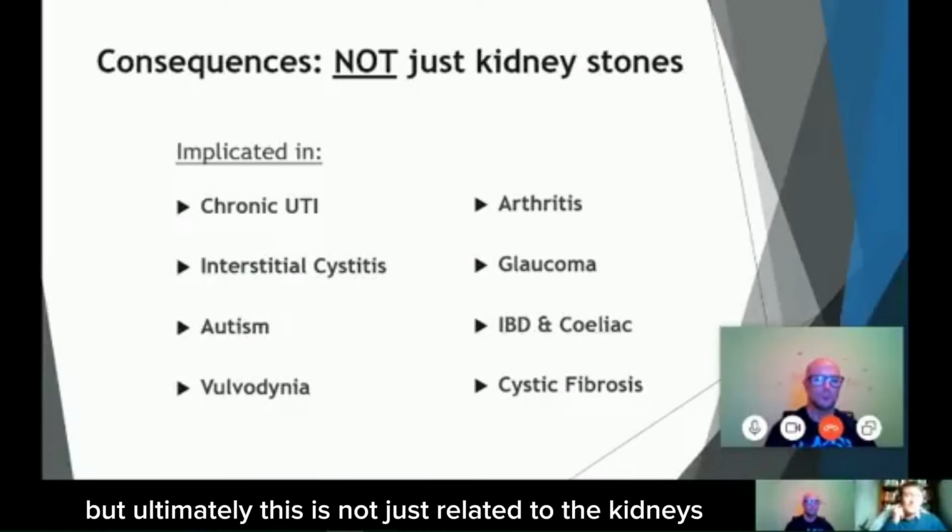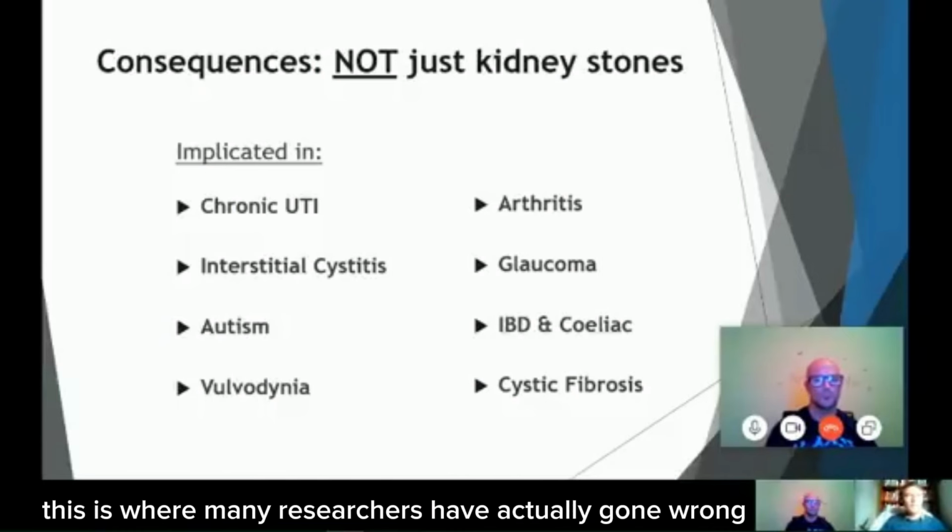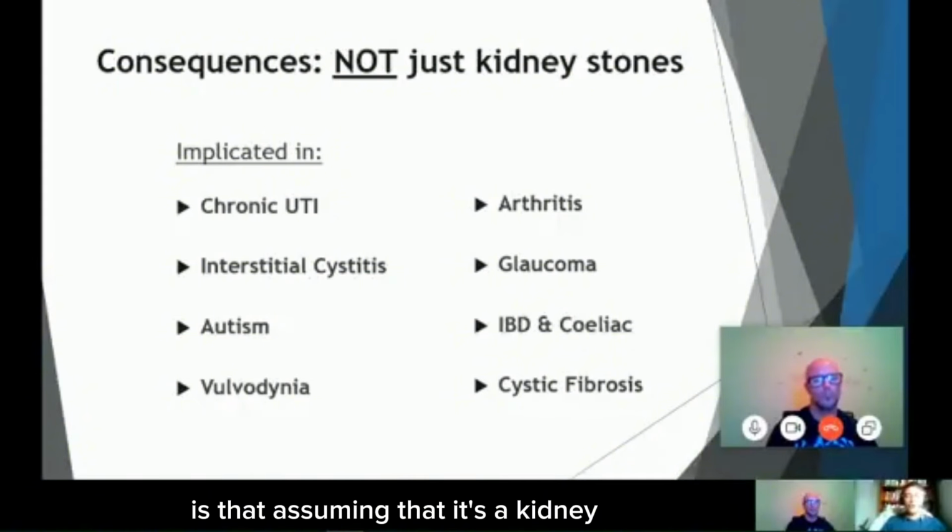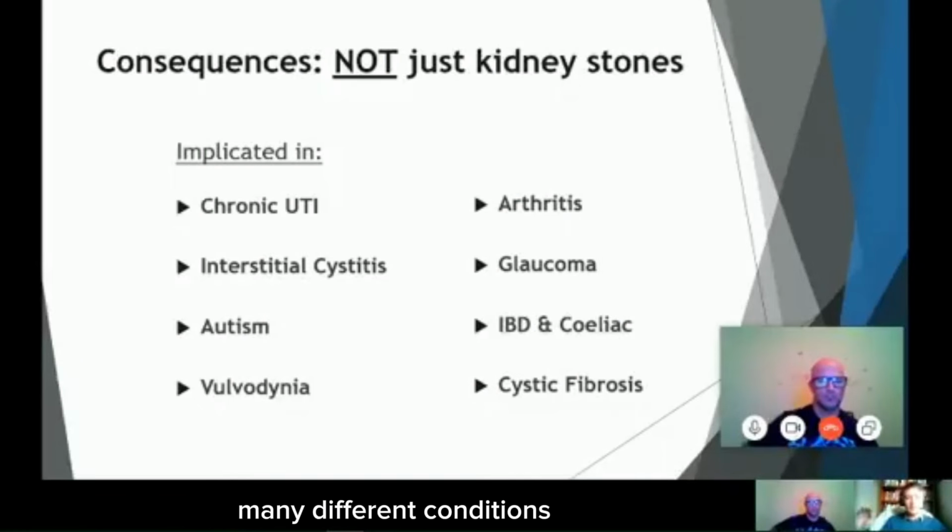But ultimately, this is not just related to the kidneys. And I think this is where many researchers have gone wrong, assuming that it's just a kidney problem. When we look at the effect of oxalate on the human body, it is being implicated in many, many different conditions.